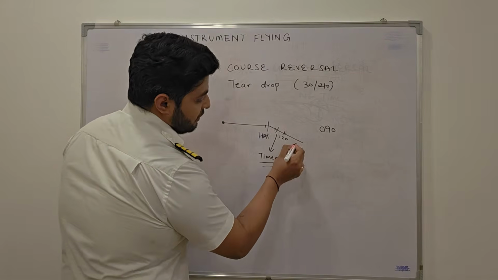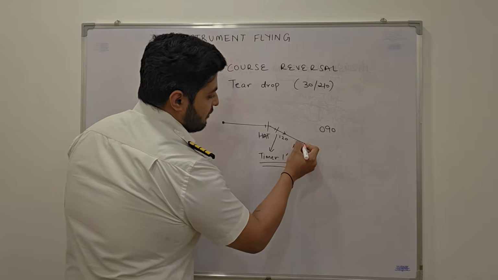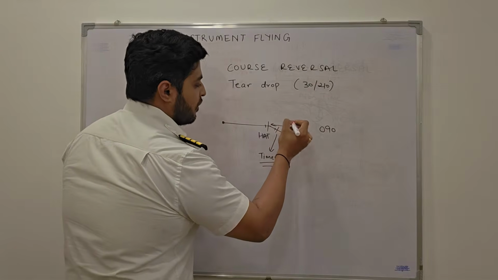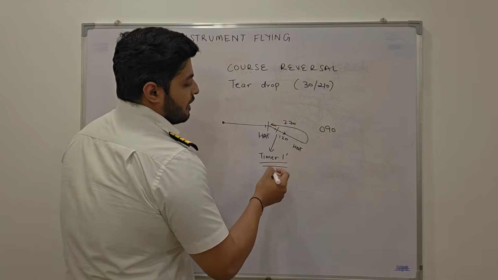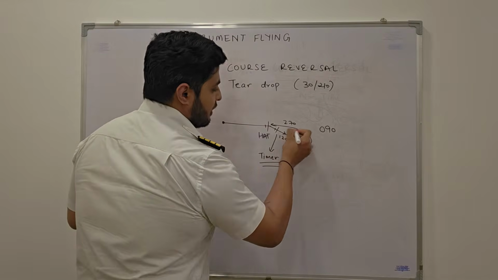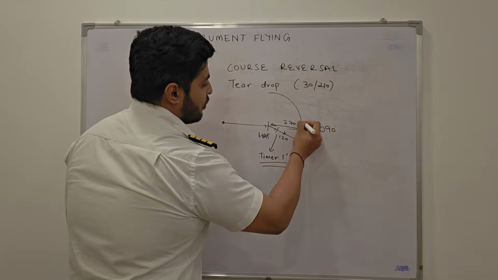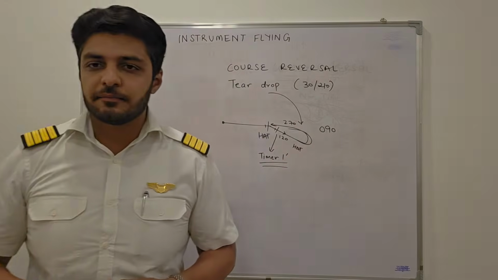If I turned right on the first case, now I'll turn left for my desired heading of 270, and this will look in the shape of a teardrop. That's why it is called teardrop course reversal.